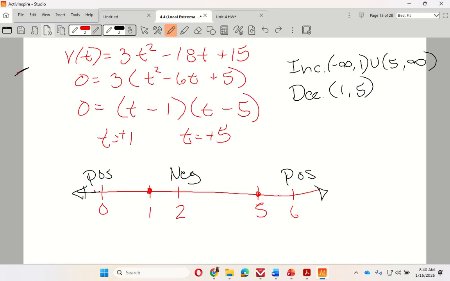That's when it starts changing from positive. Okay, yep. x equals 5. So x equals 1, x equals 5.